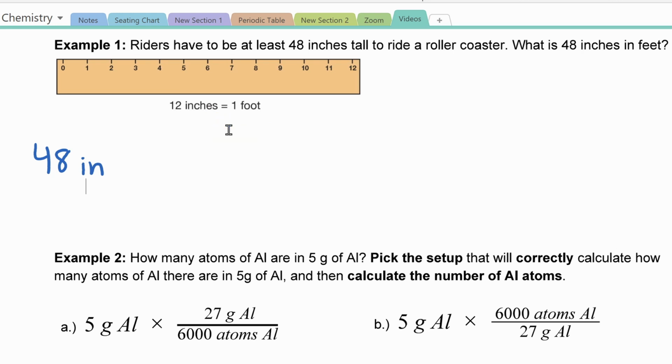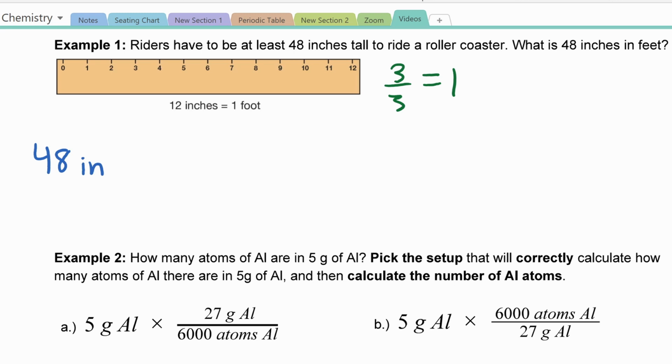Now, the issue is, how do we write down this conversion factor in a way that allows us to solve the problem? One thing we know is that if we have a fraction where the numerator and denominator are equal to each other, for example, 3 over 3, then this fraction is equal to 1.